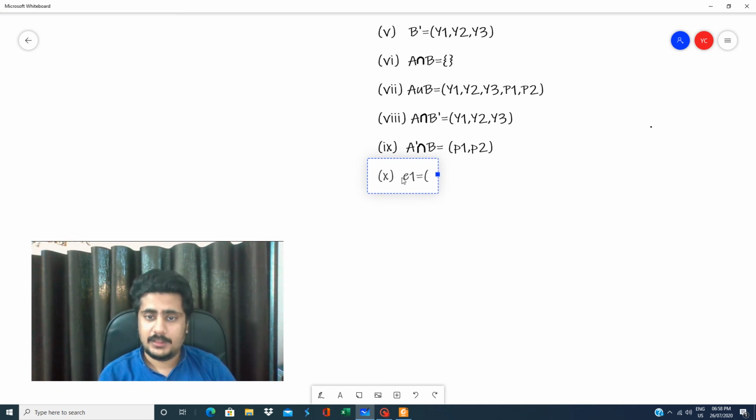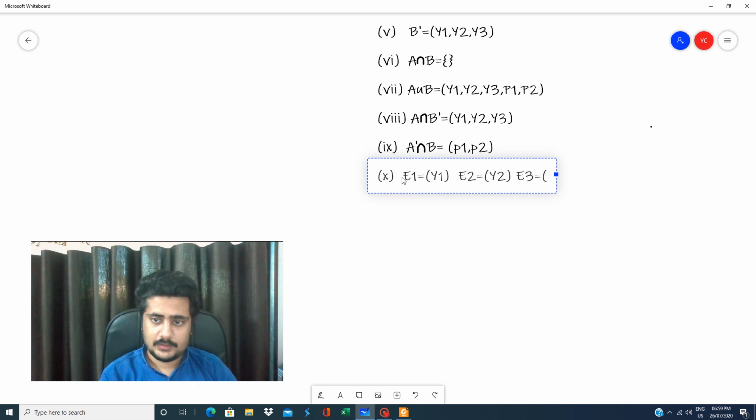So E1 is Y1. Then E2. We are making elementary events E1, E2, E3, E4, E5, 5 events I'll be making. This was the first event. Now this is the second event. This is the third event.